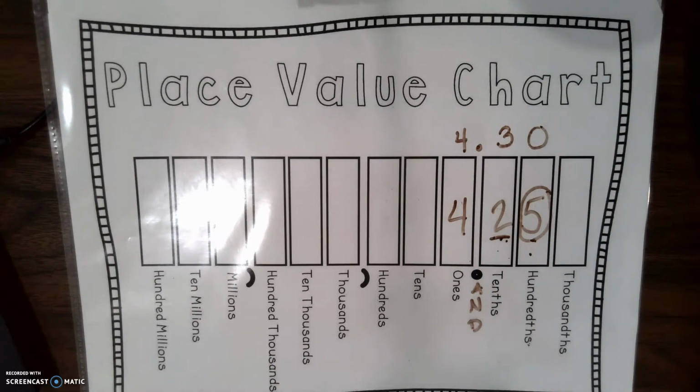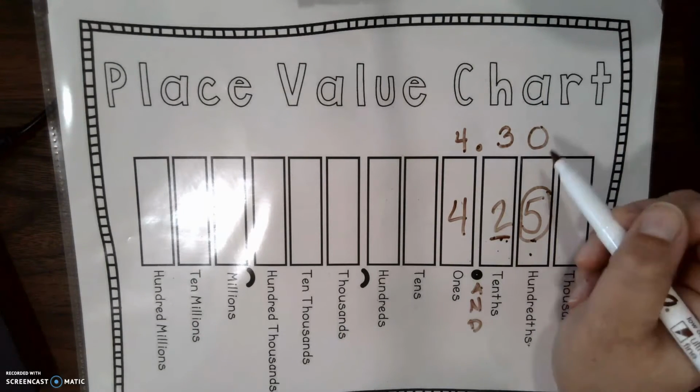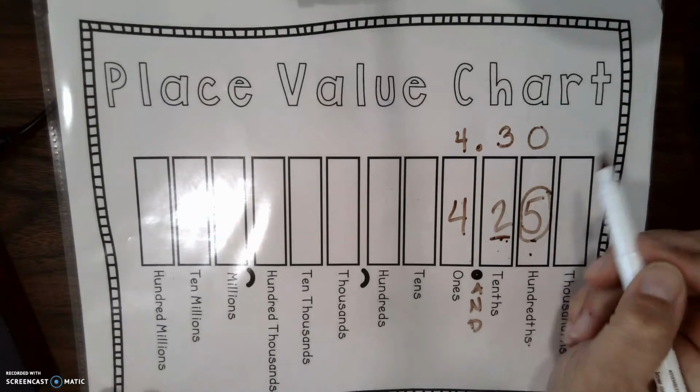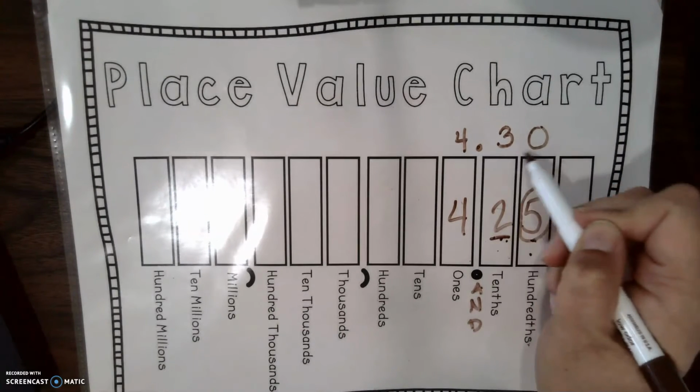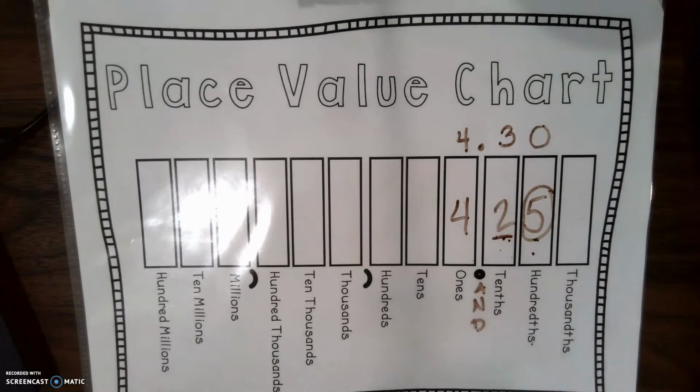And that's my new number. 4 and 25 hundredths rounds to 4 and 3/10. Or 4 and 30 hundredths, whatever, okay? Because remember, decimals are like money. 4 and 30 pennies is the same as 4 and 3 dimes, right? 4 and 3/10 equals 4 and 30 hundredths.